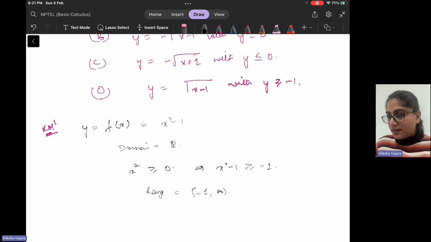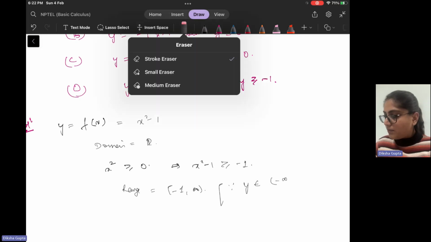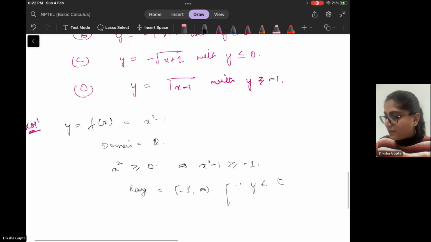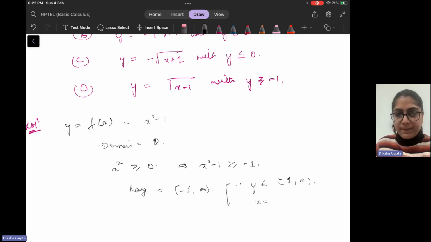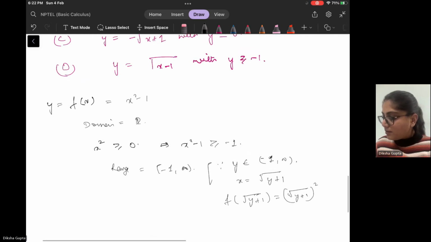So the range is contained in this set, in fact, and for every y belonging to minus 1 to infinity, if you take x to be under root of y plus 1, then f of under root of y plus 1 is (under root of y plus 1) square minus 1, which is y plus 1 minus 1, which is y.